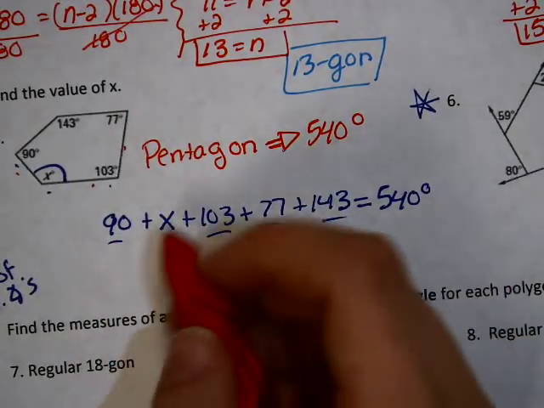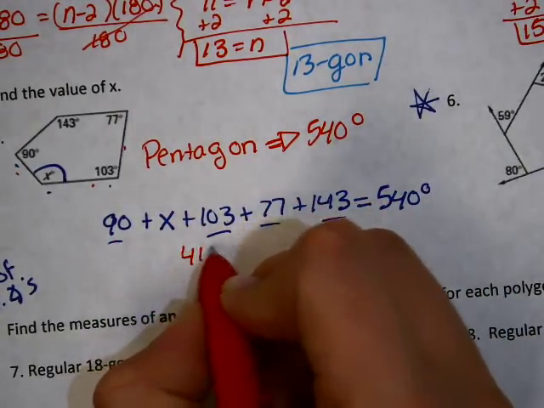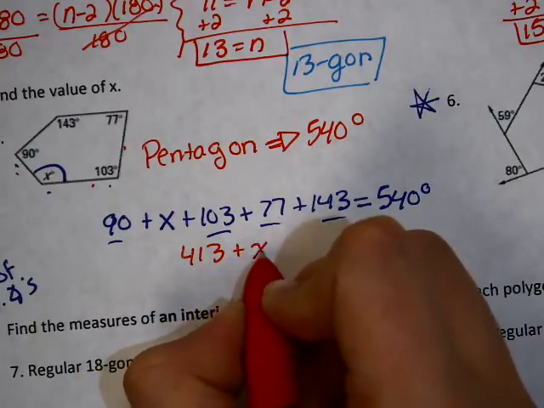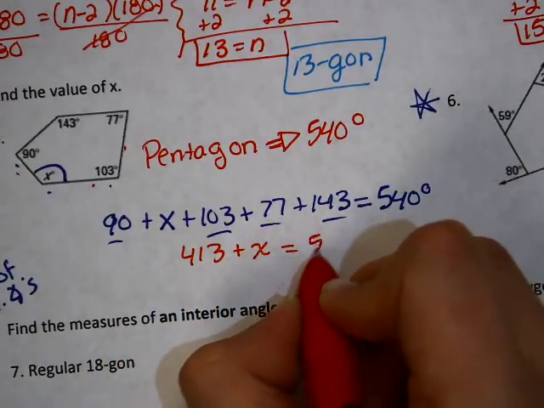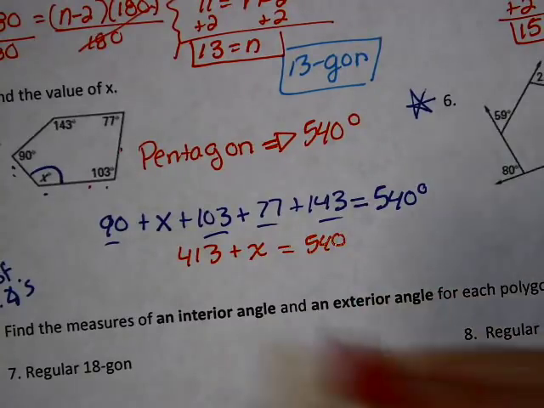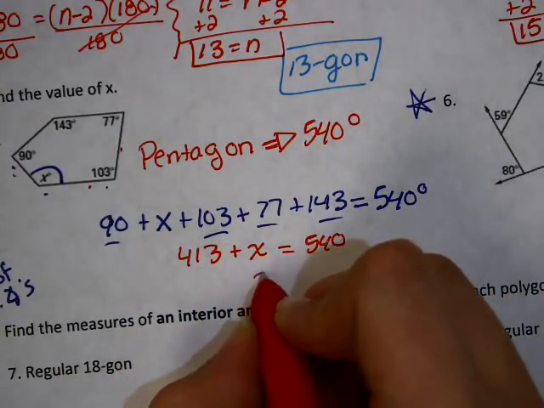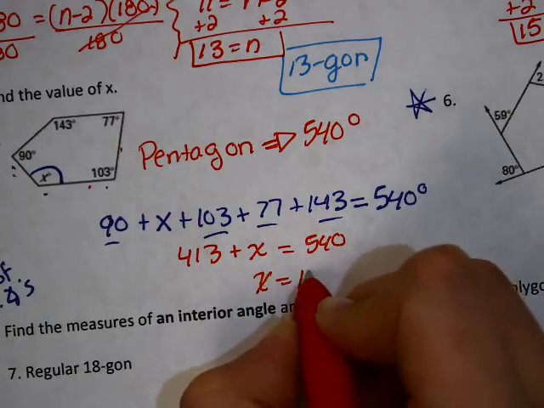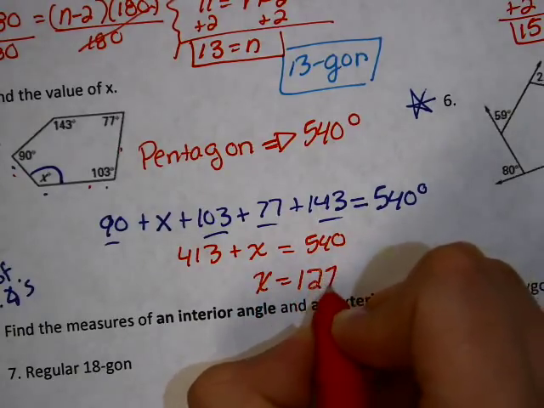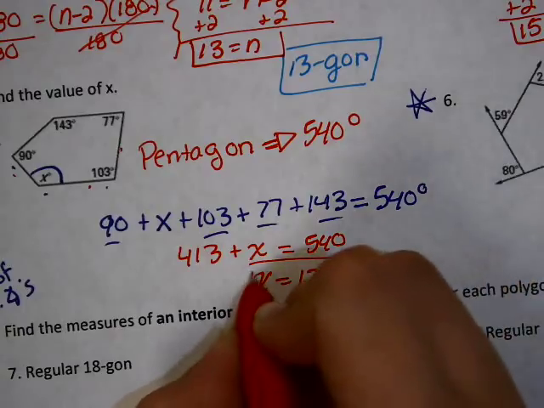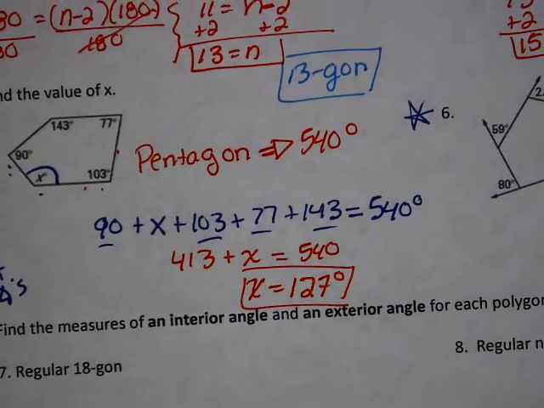When I add these together, I get 413 plus x is equal to 540. When I subtract 413, I get x is equal to 127 degrees.